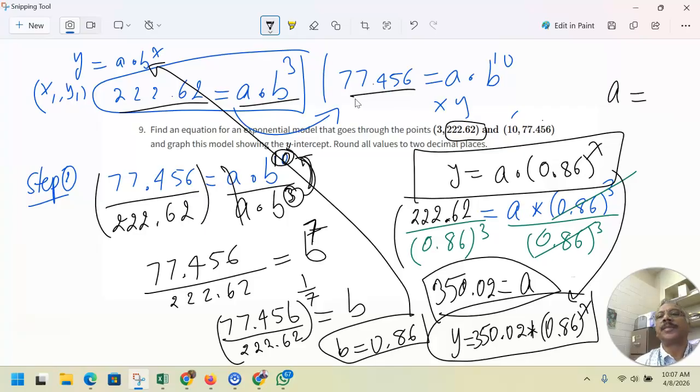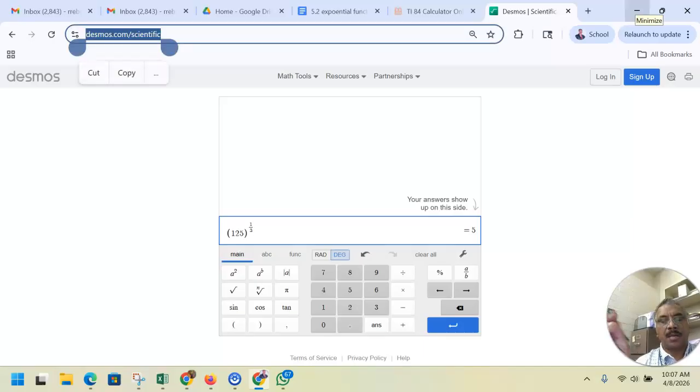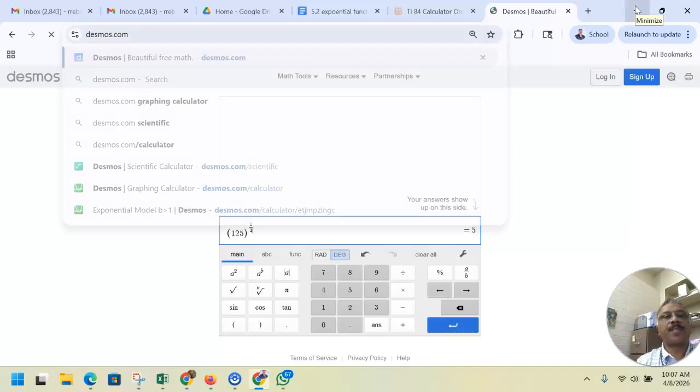I just wanted to show that you can use desmos.com like this.